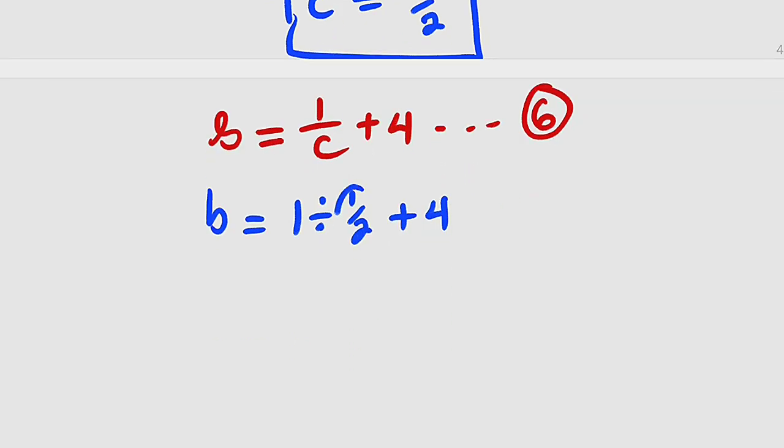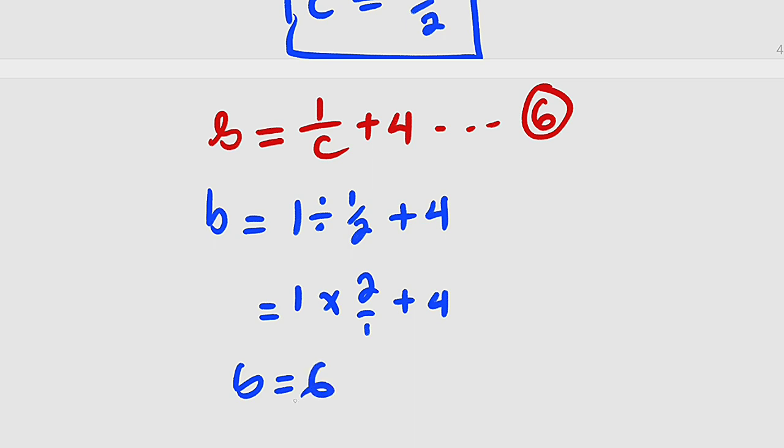You can simply take the reciprocal and change this to multiplication. This is 1 times 2 divided by 1, plus 4. 2 divided by 1 is 2, plus 4 is 6, and hence b is equal to 6.